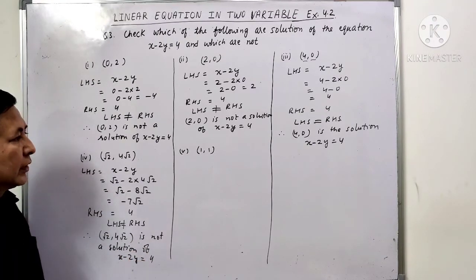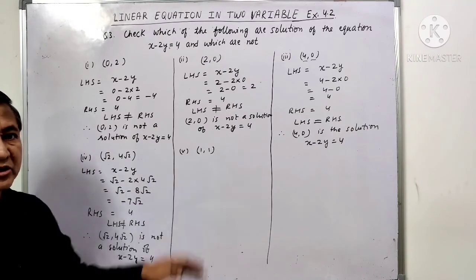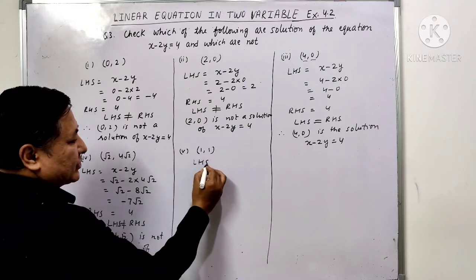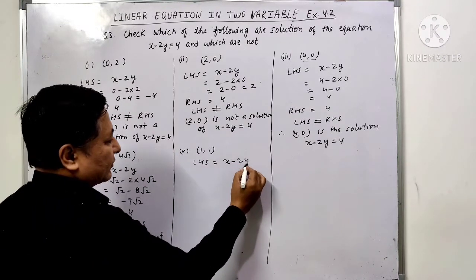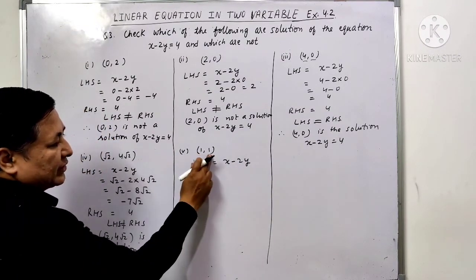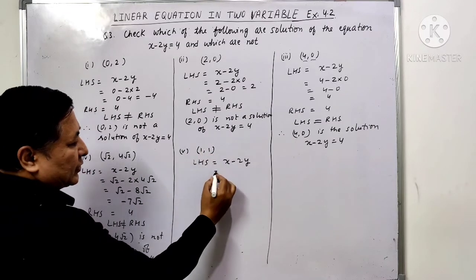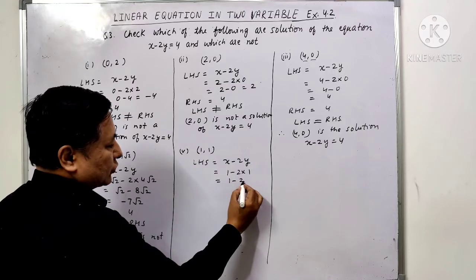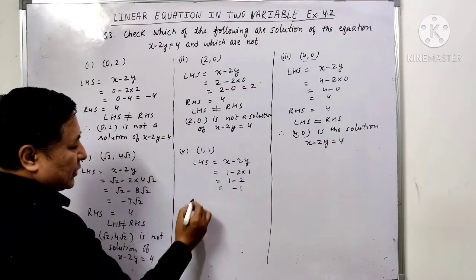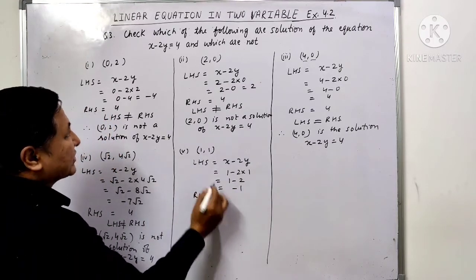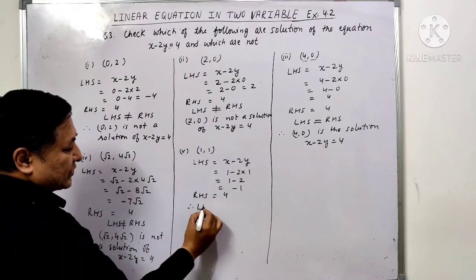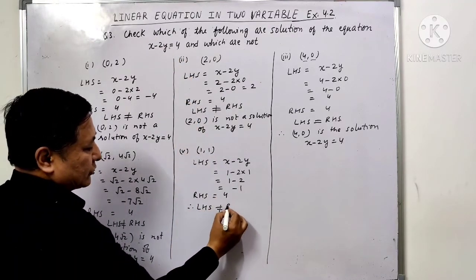Now the last one, let us see the last one. Again, let us find the LHS, that is x minus 2y. The value of x is 1 and the value of y is 1. So 1 minus 2 into 1, 1 minus 2 equals minus 1. And what about RHS? As we can see, it is 4. So here also LHS is not equal to RHS.